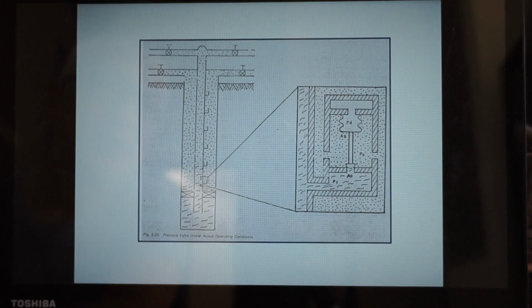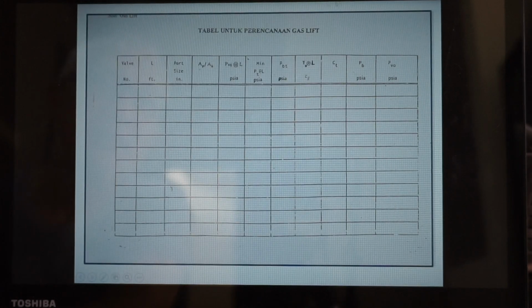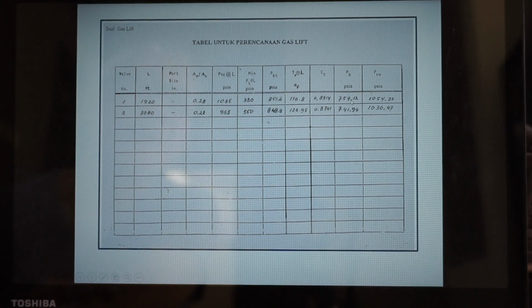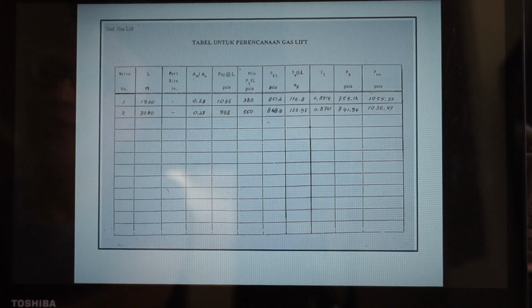This is the one that we had before, and this is how we finally have a dome pressure here below, which is set on the surface in order to have the gas valve close at a certain pressure.